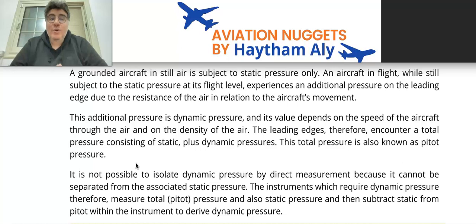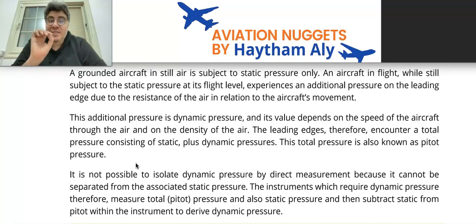So you can calculate pitot pressure, the total pressure, from a pitot tube, and you can calculate the static pressure from a static vent or a static port. Now you can have the dynamic pressure, and from the dynamic pressure you can have air data like airspeed.